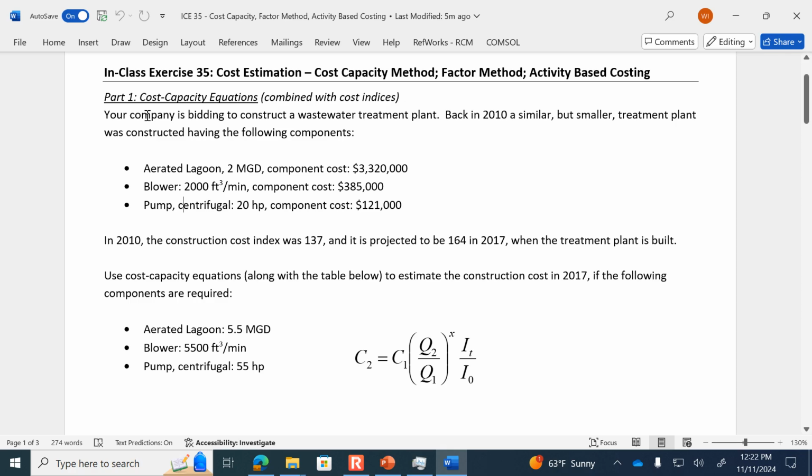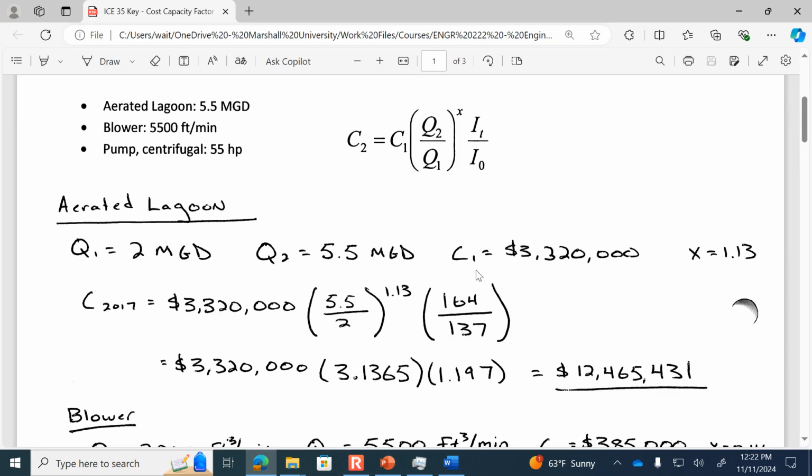Let me just interrupt you for a second. I'll show you the calculations for the aerated lagoon, and then I'll pause again so you can complete the blower and the pump. Okay, so with the aerated lagoon, we know the size of the item we have cost data for is 2. The one we're going to build is 5.5. The known cost, 3.32 million. The correlating exponent we look up on the back side of the paper for the aerated lagoon is 1.13.